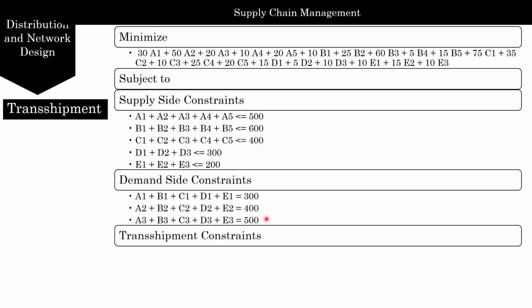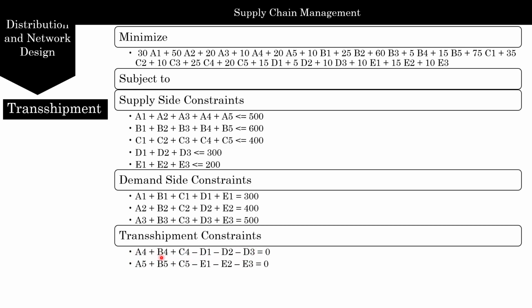And then now you've got to add a transshipment node, which basically says anything that comes into 4 has to leave 4 and nothing can stay there. So A4 plus B4 plus C4, all these things are coming into 4 and they leave through D as D1, D2, D3.